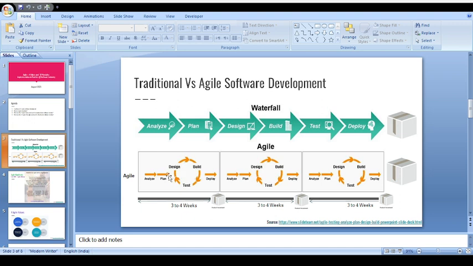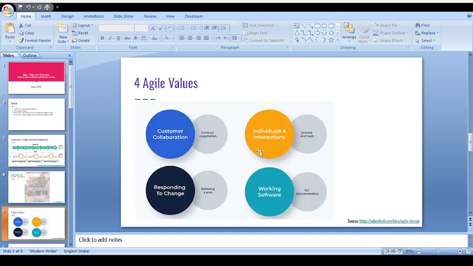Wherever there is a requirement, we will have one-to-one communication on the design related aspects, development related aspects, or quality aspects, and make the business team comfortable working with us. Instead of saying that we are working on the design phase or the development phase, we always interact with the business team and make sure they are comfortable working with the IT team. So individuals and interactions are given more importance than processes and tools.